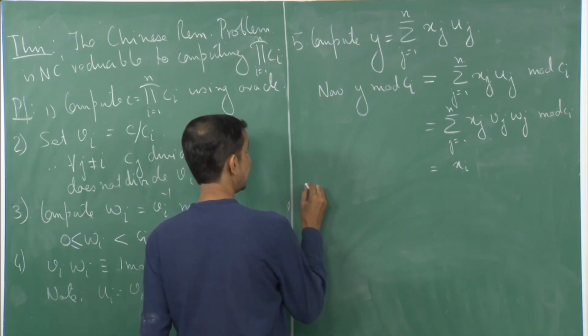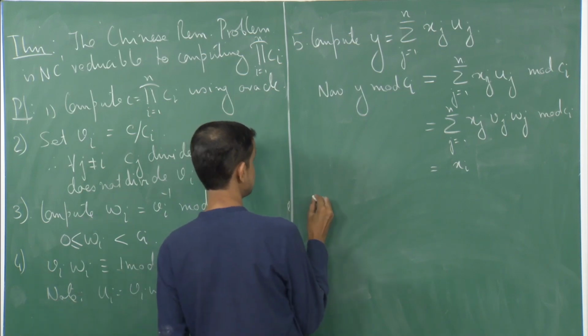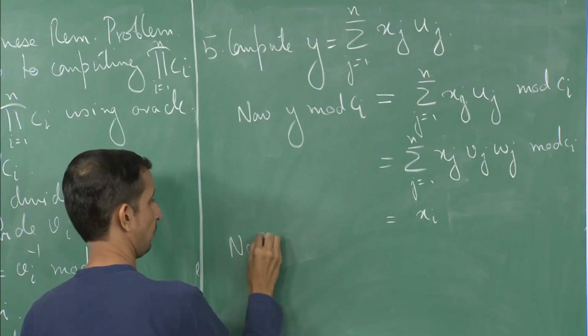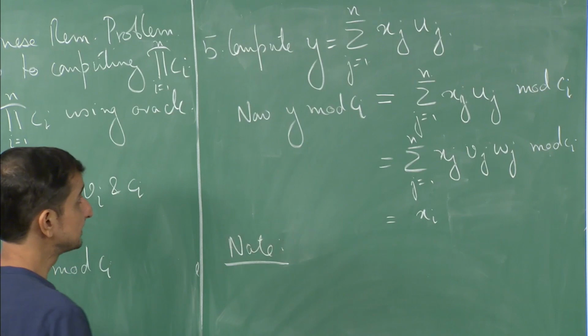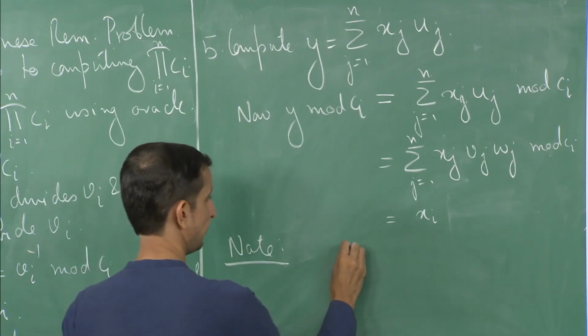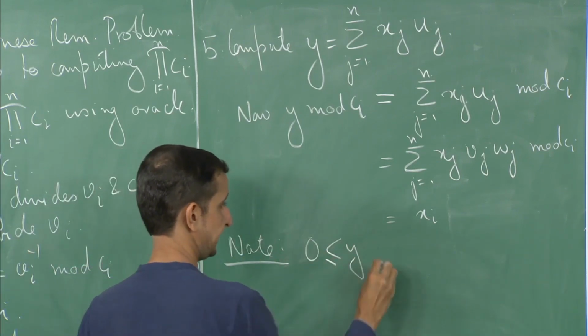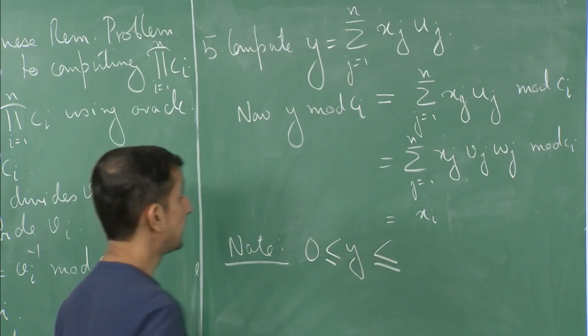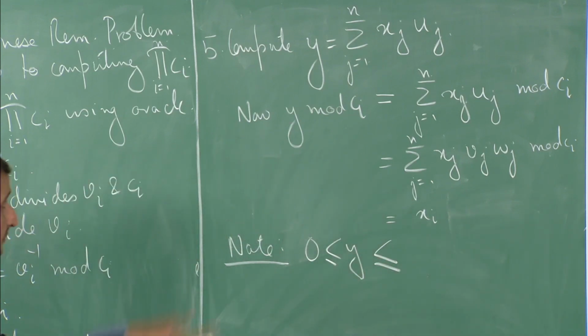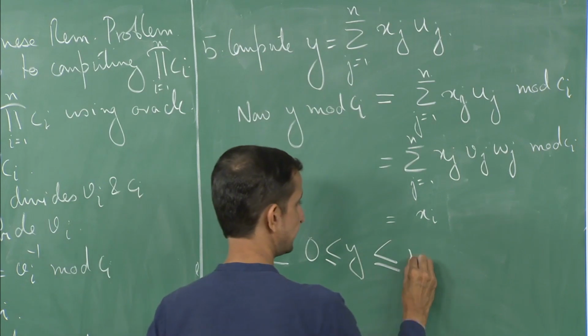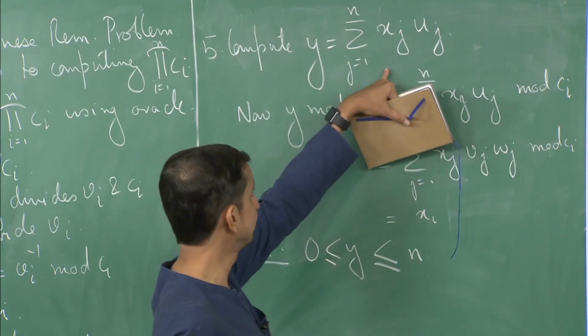So now one more observation. What is the bound on this value? So y is of course greater than z. What is an upper bound on y? How many terms are here? There are n terms in this summation. What is the value of each term?